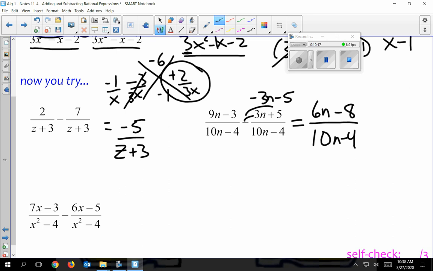Okay, and this is where you gotta stop yourself. Yeah, I did a great job, but I think I need to do more. If you look on top, there's a GCF of 2 that I could take out, and on the bottom there's also a GCF of 2 that I could take out, okay? So when I do that, I get this.